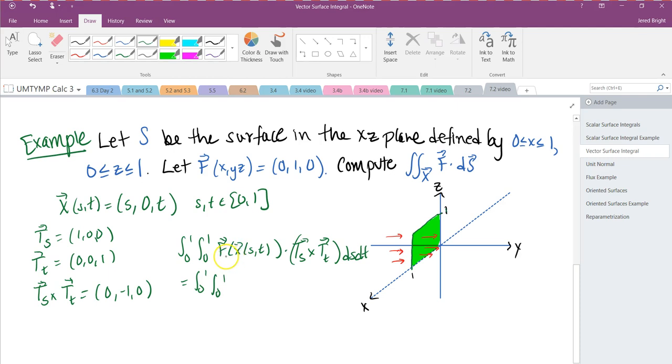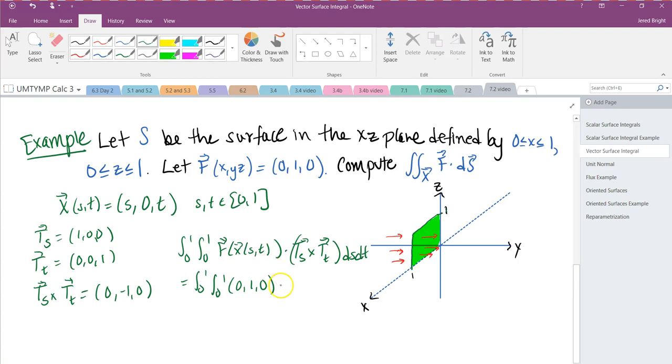When I substitute this in, I believe I should get (0, 1, 0), mainly because with F there's nothing to stick in.